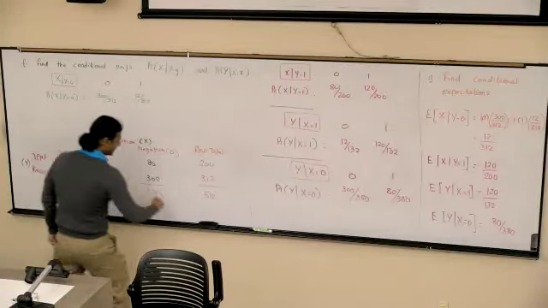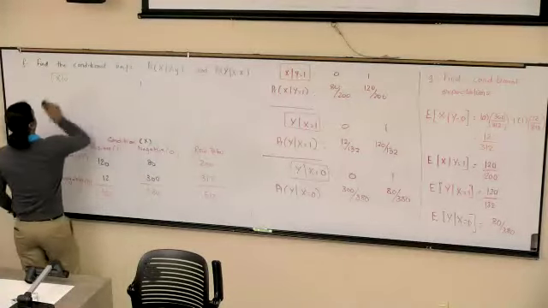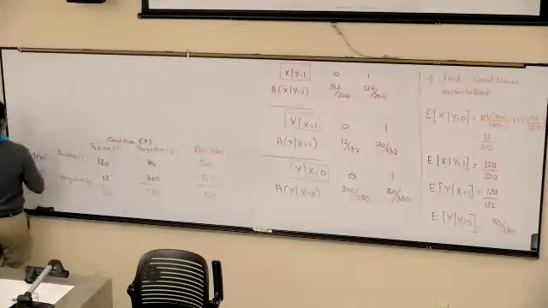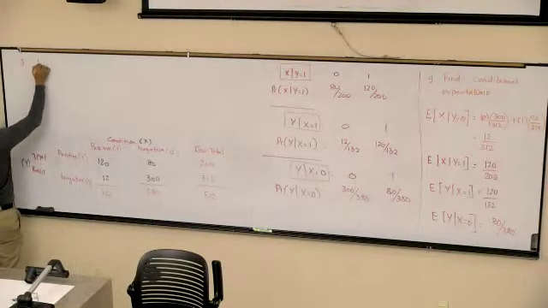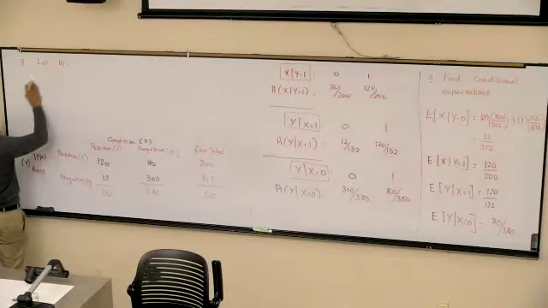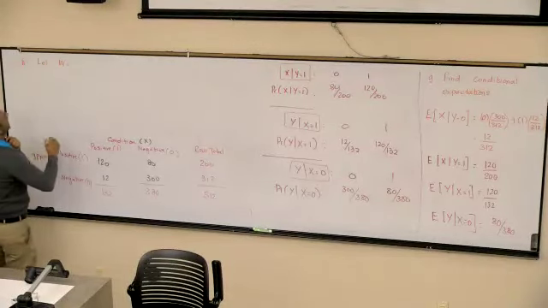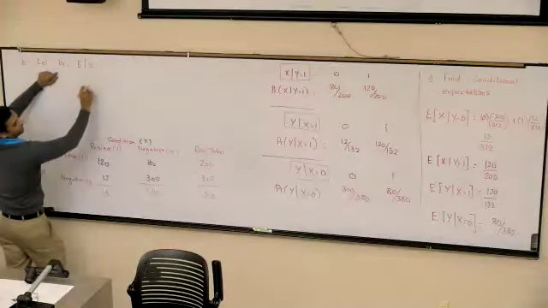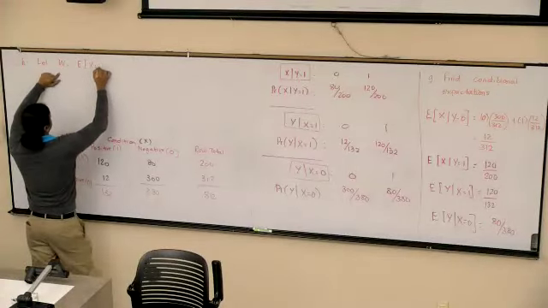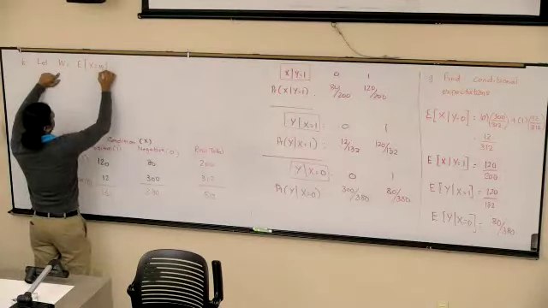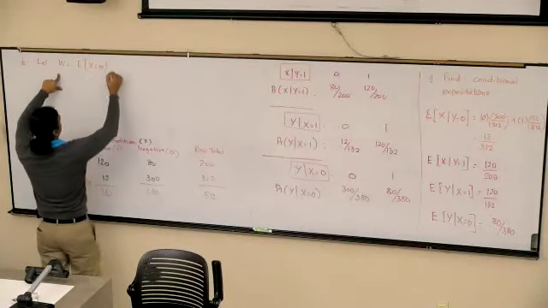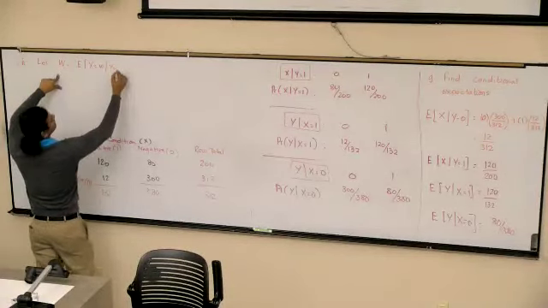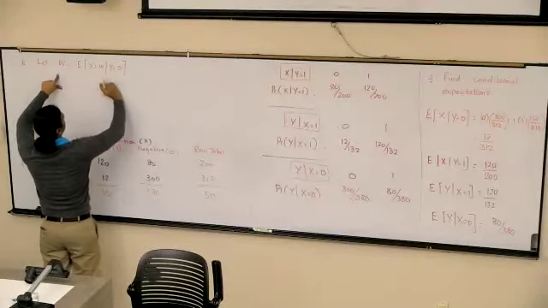If I define part G, W is expectation of X given Y equals 0.